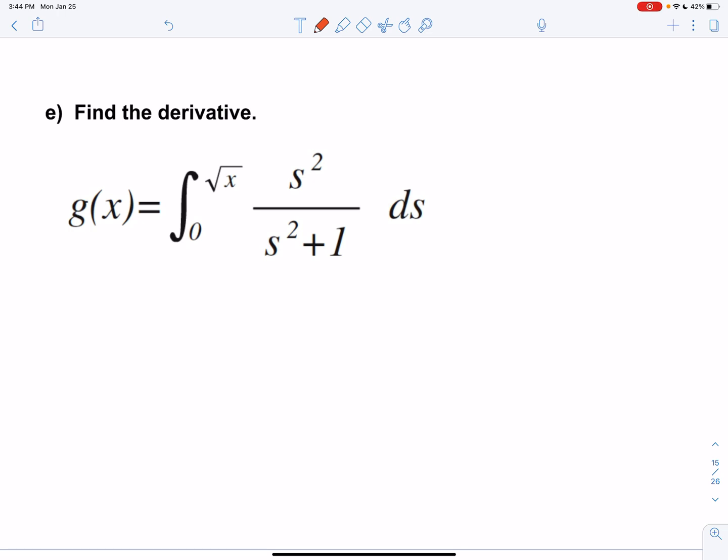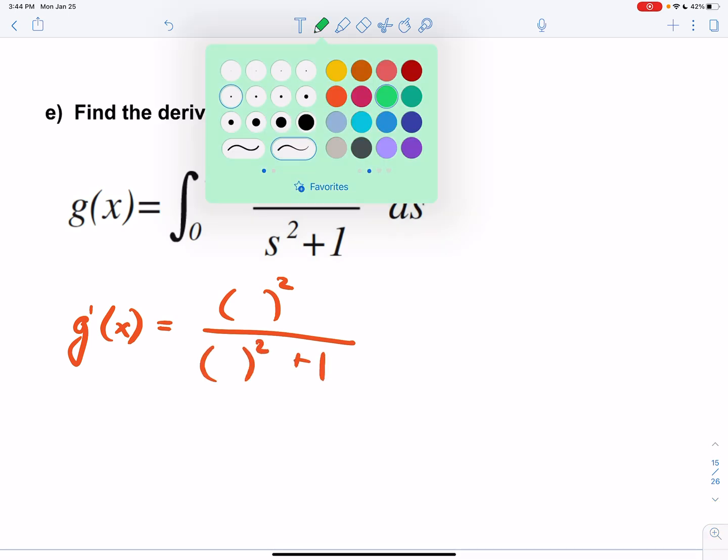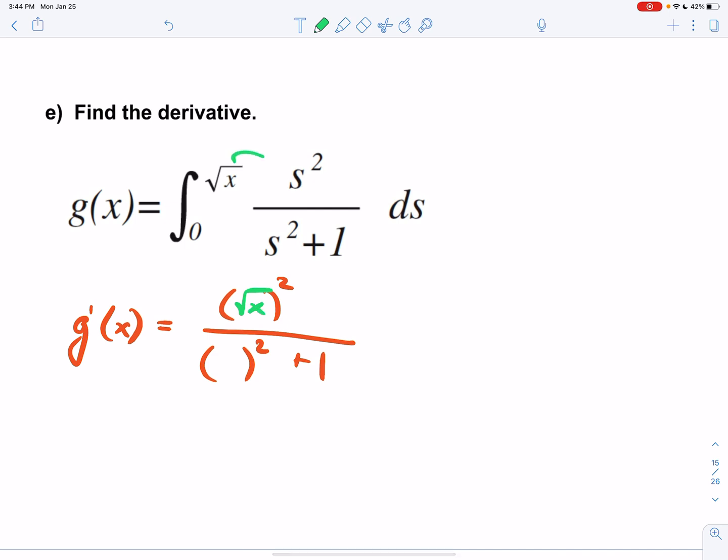Okay, so upper bound is a function, bottom is a constant, so I'm ready for my derivative. My derivative is really just my function squared over my function squared plus 1. I'm going to plug in my square root of x. That just goes in there. But I also have to consider the derivative of what I plug in, not necessarily how many times I plugged it in.